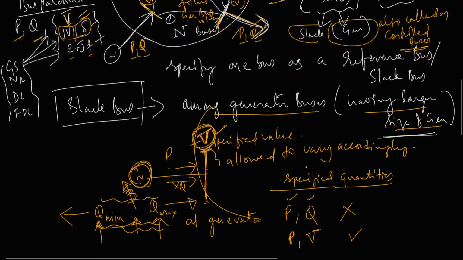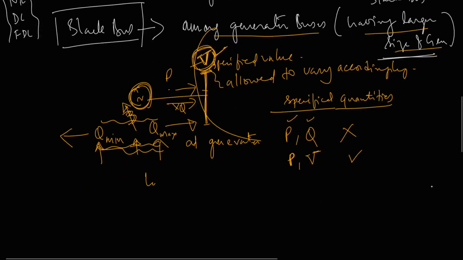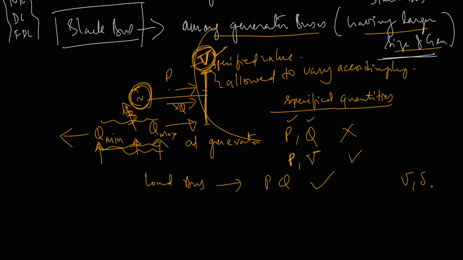And coming to the last one, slack bus. This is the load bus: P and Q are specified, and we need to determine the voltage magnitude and angle, unknown quantities. And what about unknown quantities at generator buses? We need to find out Q, what it is actually pumping in, and also the angle delta.